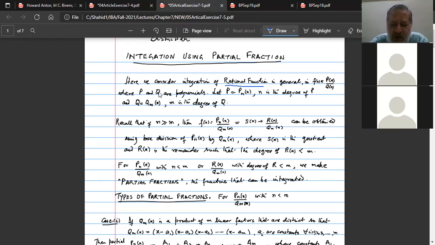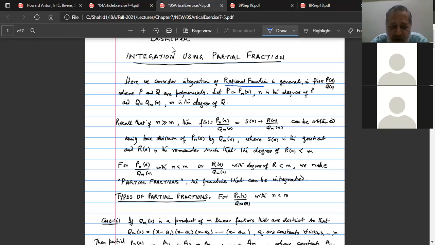In order to use a technique that is titled partial fraction technique for integration, we have to take care of the degree of the polynomial in the numerator and the degree of the polynomial in the denominator. So we name the degree of the numerator to be n and the degree of the denominator to be m.